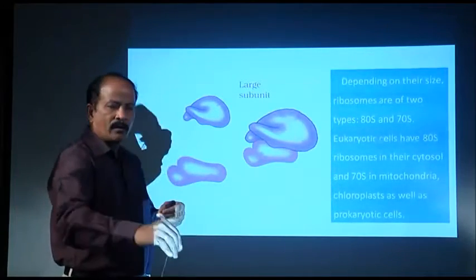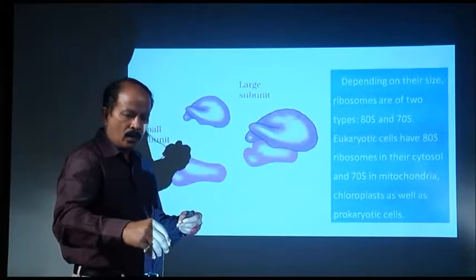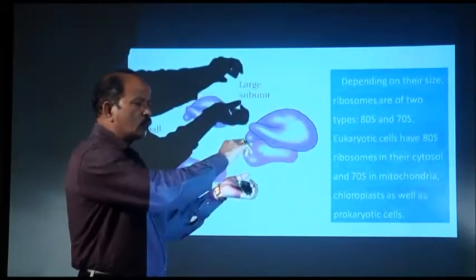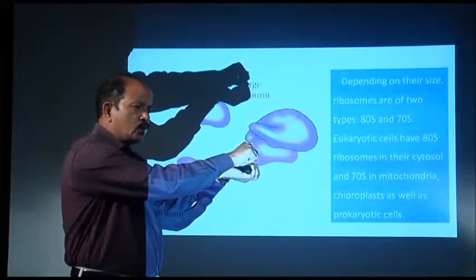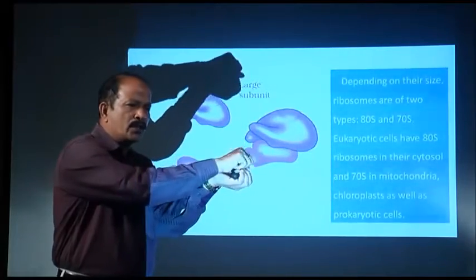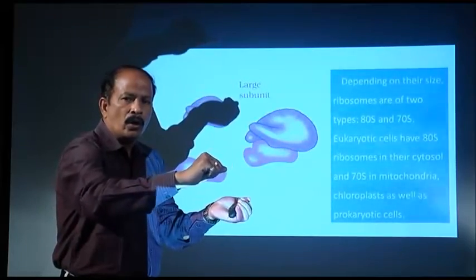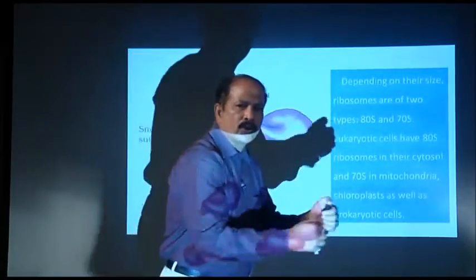If you see this wire, this is messenger RNA, and the ribosome binds to this messenger RNA and moves in this manner, just stepwise.